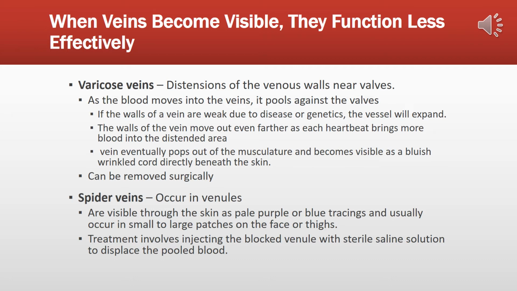And unlike varicose veins, we can treat these by injecting the venule with sterile saline solution, which displaces the pooled blood. And these really can't cause too much damage. They're just mostly cosmetic, and they usually happen in older individuals.